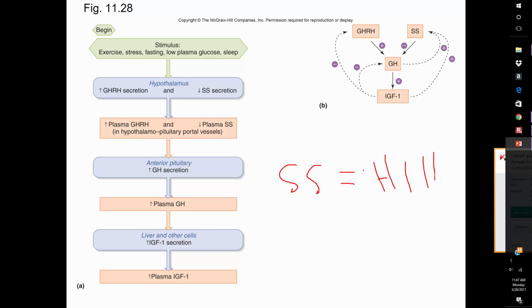So SS, somatostatin, is the very same thing as growth hormone inhibiting hormone. The term growth hormone inhibiting hormone is what our author Derrickson uses. And this diagram I got from a different textbook.